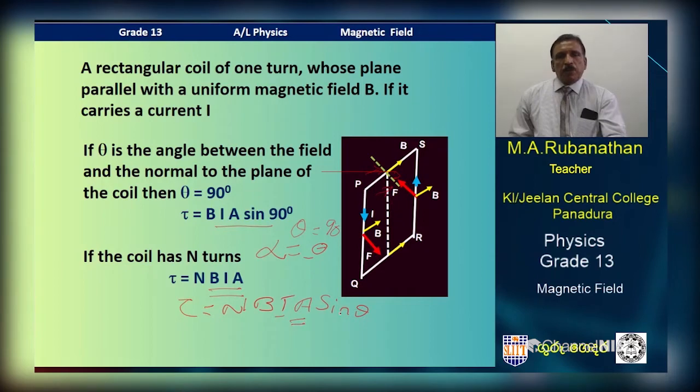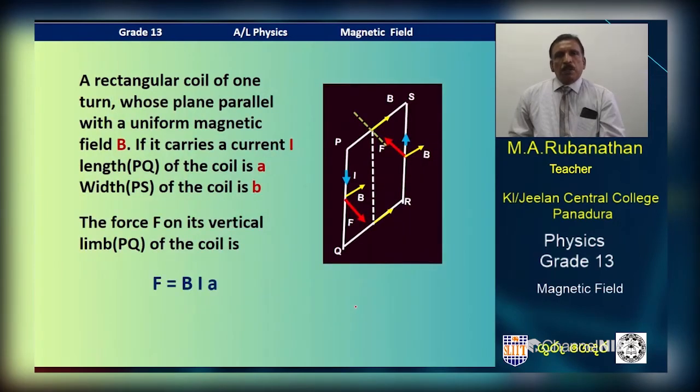Now we go from the initial state. How do we prove NBIA sine theta? So a rectangular coil of one turn whose plane is parallel with a uniform magnetic field B, if it carries a current I. Length is always a and width is b.